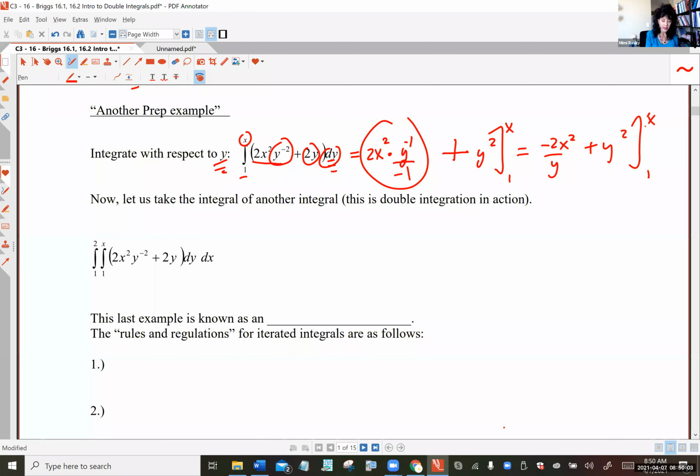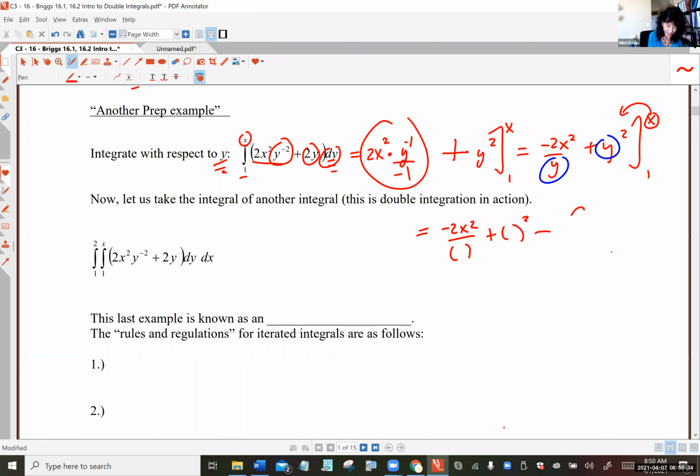And when I substitute this x into this antiderivative, I'm substituting it in place of the y, because y was the variable of integration. So it's important that you get that because you don't want to plug it into the wrong things. You're going to have negative 2x squared over y plus y. I should have given myself a lot more room, sorry. Let me move it over here.